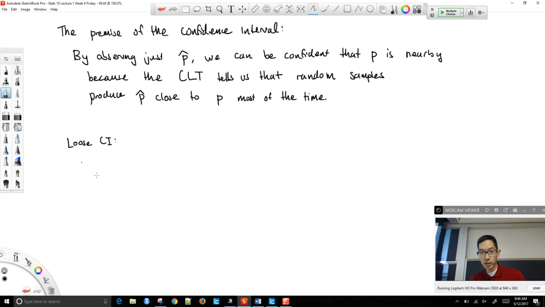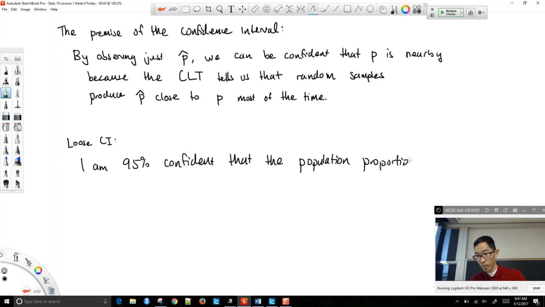We're going to start off with something along the lines of, I am 95% confident that the population proportion p is within 2 standard deviations of the sample proportion p hat.